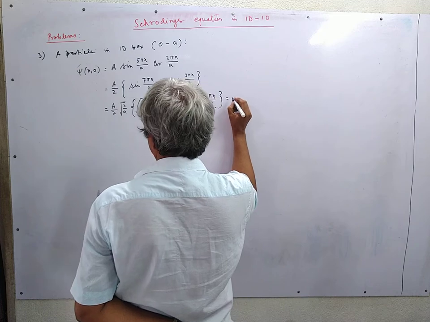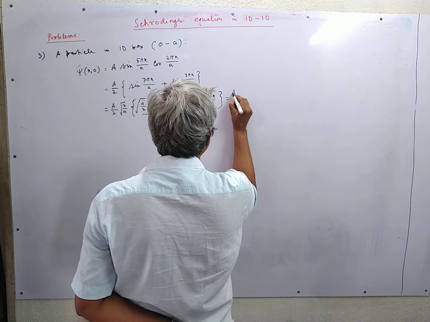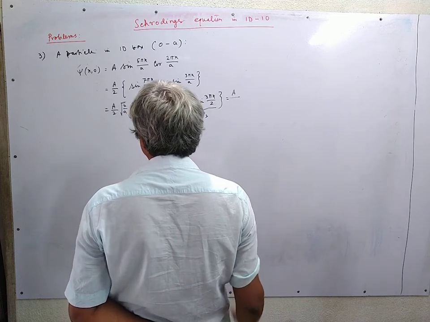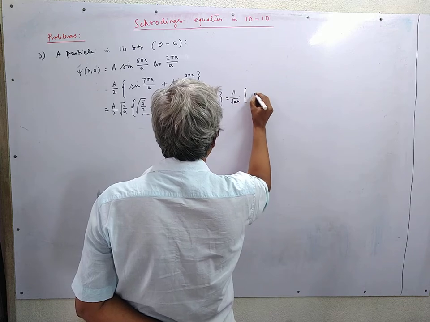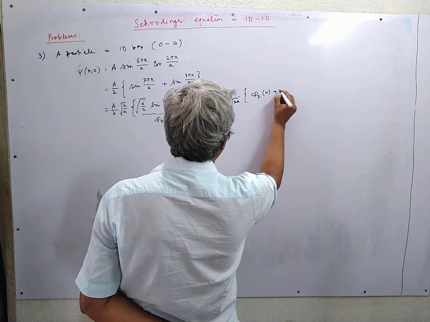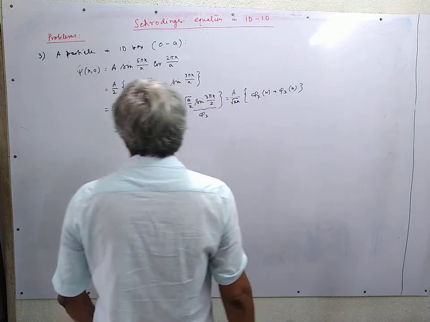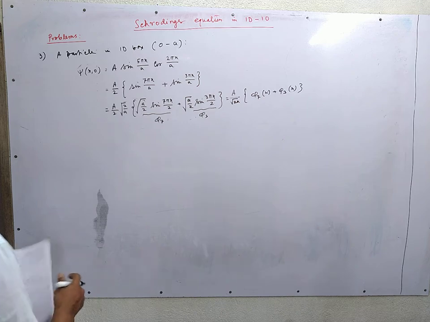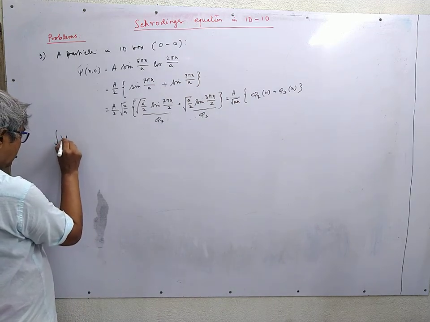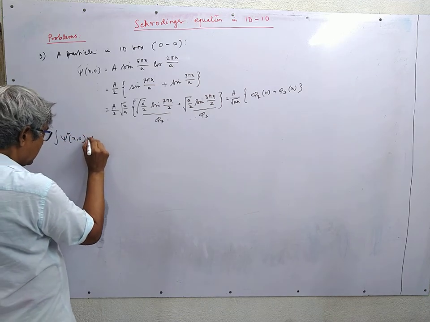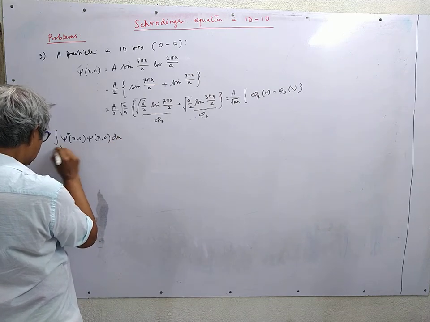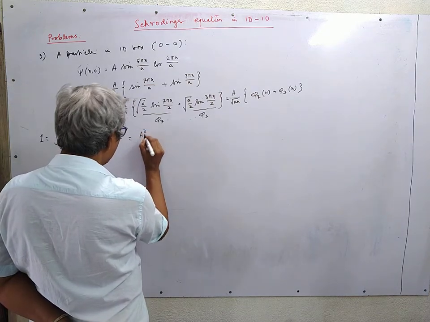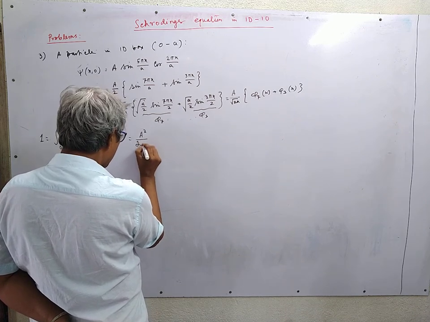So we write it as a by this. So if we want to normalize this, this is equal to 1. We will have a square by 2a.